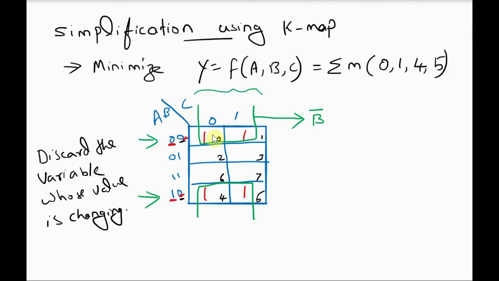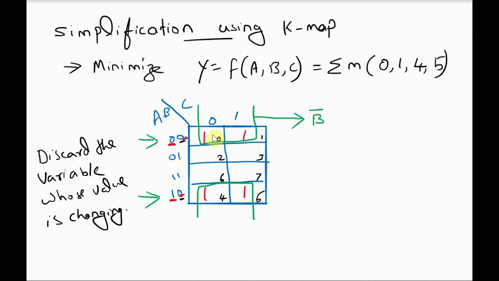Only 2 columns are available and the group is filled in all the columns. And we can see the value of the variable c is changing in both the columns. In the first column it is 0 and in the second column it is 1. So we cannot take the variable c, because we should take the variable whose value is not changing, as in the case of b. So the column value is 1.